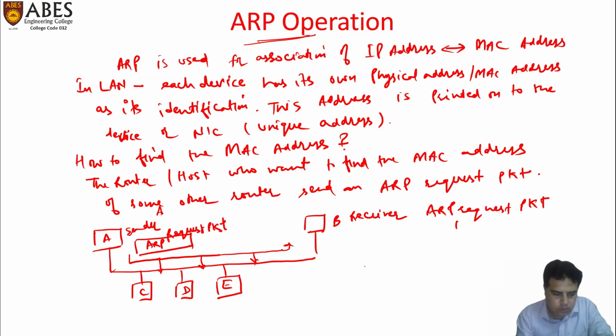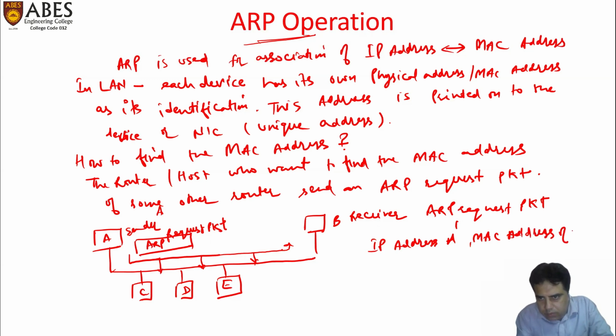The ARP request packet consists of the IP address of A, the MAC address of A, plus the IP address of B. So A knows the IP address of B, but it wants to map the MAC address of B to the IP address.